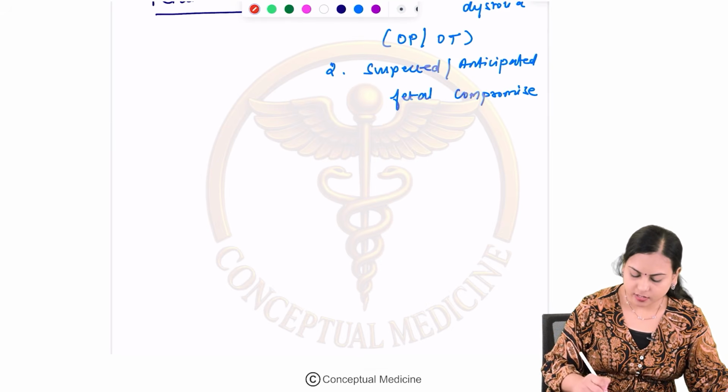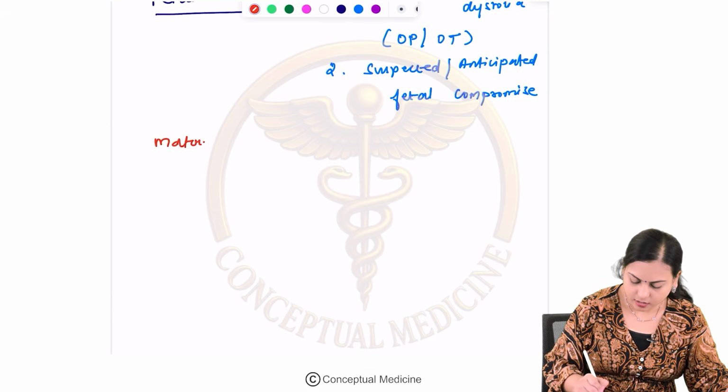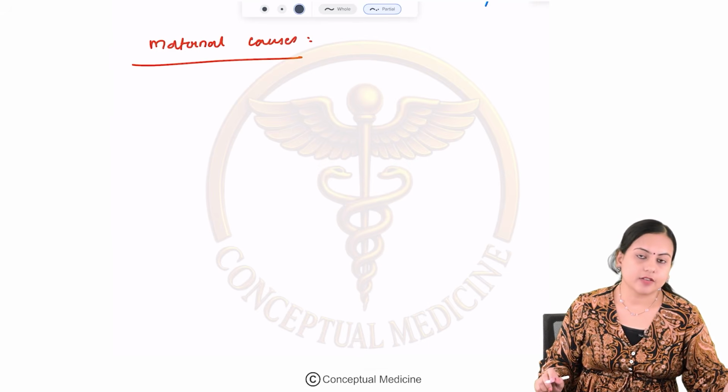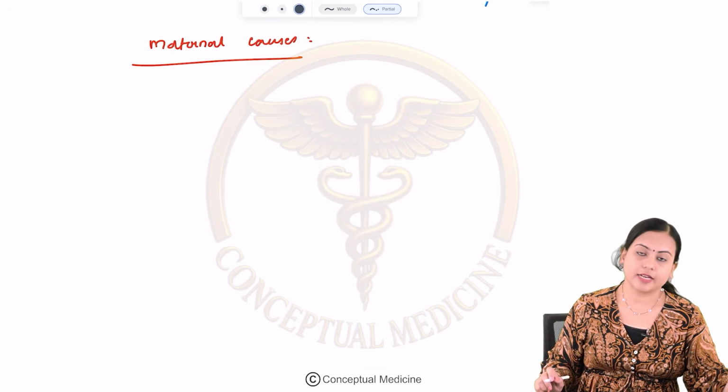And the maternal causes include the conditions in which there is a need to shorten the delivery interval.